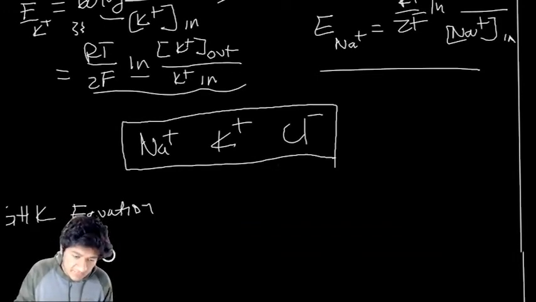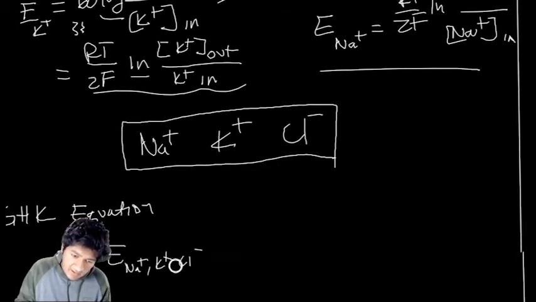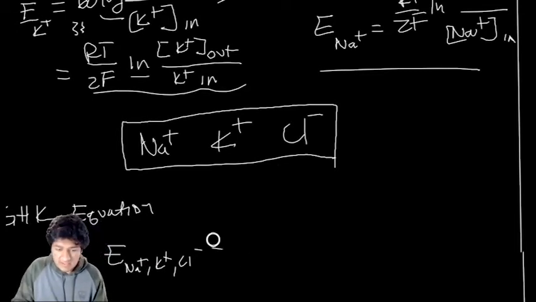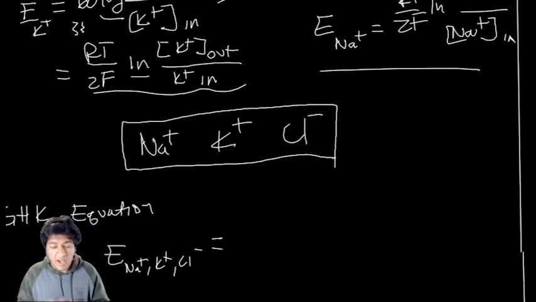Essentially, E of Na+, K+, Cl-, taking these three ions into consideration when calculating the membrane potential.